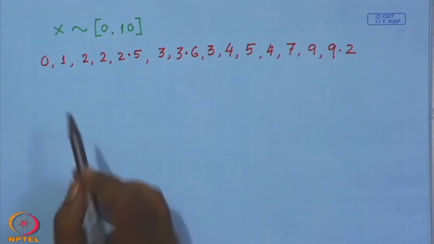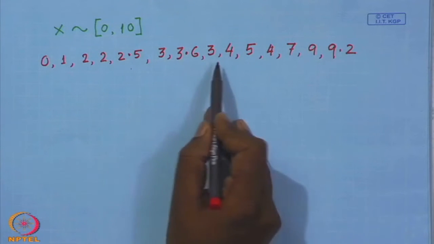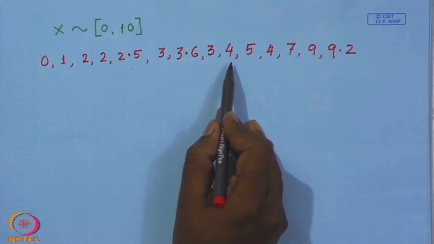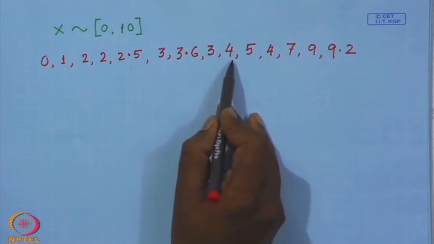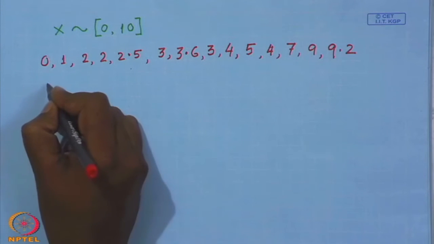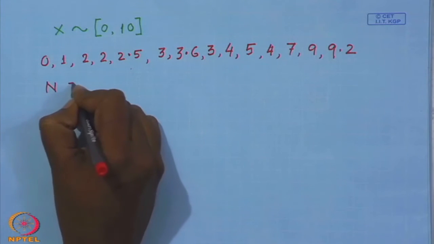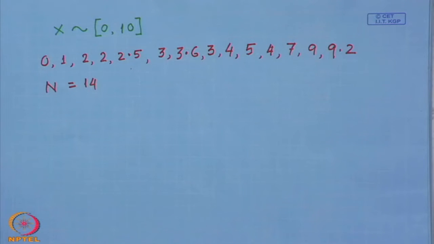So, the number of samples that I have is 1, 2, 3, 4, 5, 6, 7, 8, 9, 10, 11, 12, 13, 14. So, I have capital N, that is the number of samples, equal to 14.